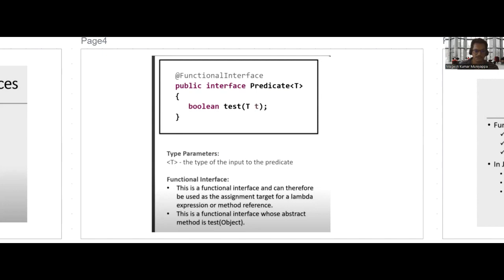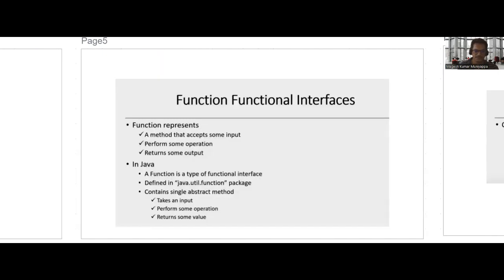Let's move on to the next functional interface, that is function. Function provides an input type and a return type. If you want to perform some logic, like concatenating or finding the length of a string, or some kind of logic where it returns some object, then we can go with this functional interface.